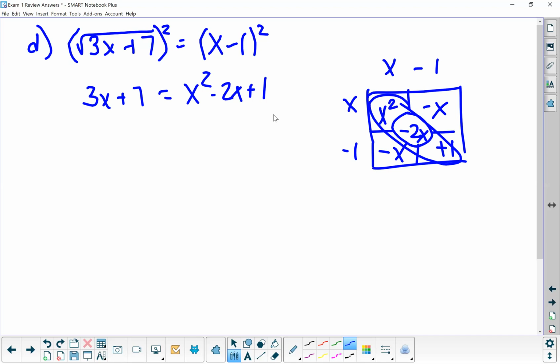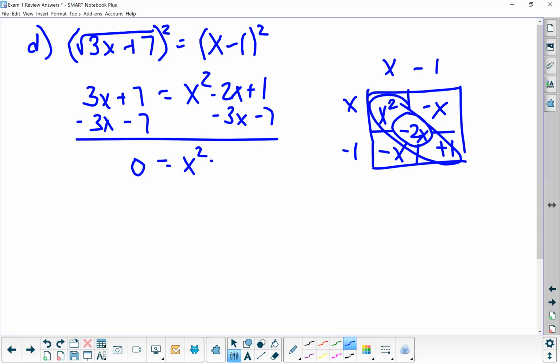Because we have a term with x squared and a term with x, we're going to have to use one of our factoring methods, quadratic formula, something like that. To do that, we're going to subtract the 3x and subtract the 7 from both sides. And now, if we want to try to factor, we would check to see, are there two numbers that multiply to -6 and add to -5?